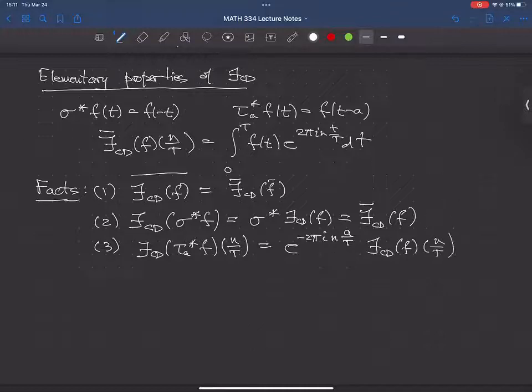So when you shift a signal, what that does to the CDFT is it multiplies it by a complex number of unit magnitude, modulus 1. Every complex number is determined by its modulus and its argument, and this is modulus 1, so it just changes the argument by whatever's up there.